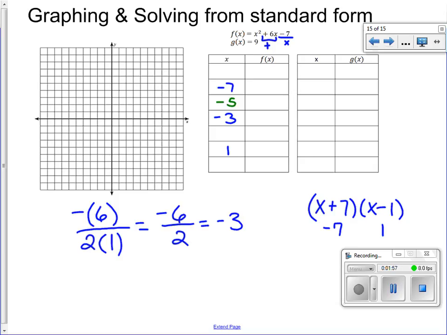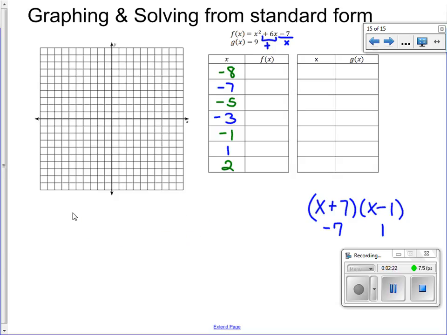So I want to go 2 in the other direction, so I'll make this negative 1. And then you just want to pick something outside of your x-intercepts as well. So we could probably make this 2 and make this negative 8. That way everything's the same distance on either side of the vertex. Makes it real easy for us to go back and compute our outputs.